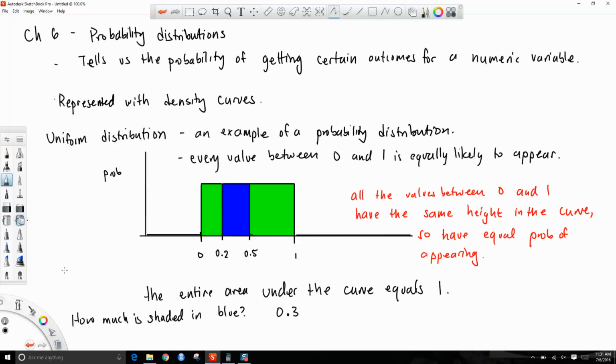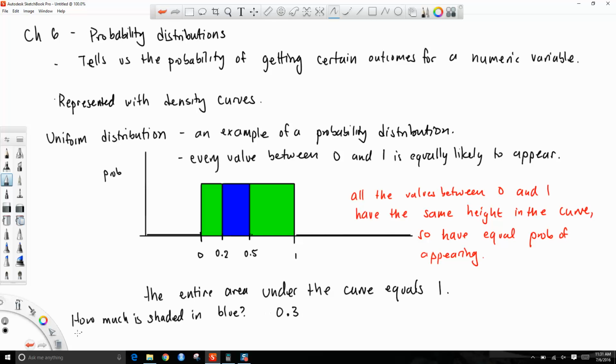And so that means, if I select a random number from this distribution, the probability that it's between 0.2 and 0.5 is 0.3. Okay?